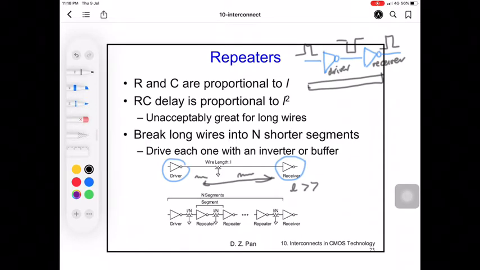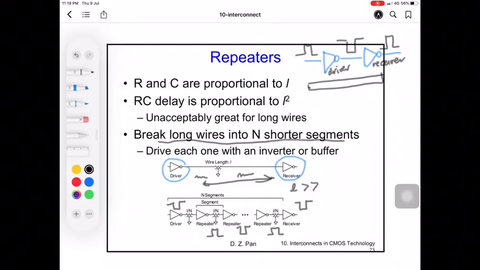So in order to maintain the integrity of the signal, you can put in many repeaters inside the long wire so that the signal is always protected. So it goes like this, and then like this, and like this. And finally, at the final receiver, it returns back to the original.